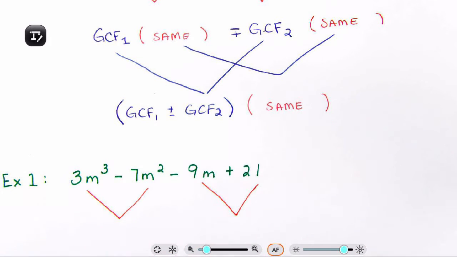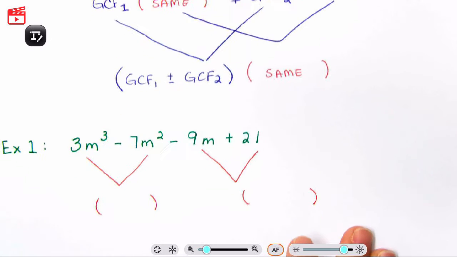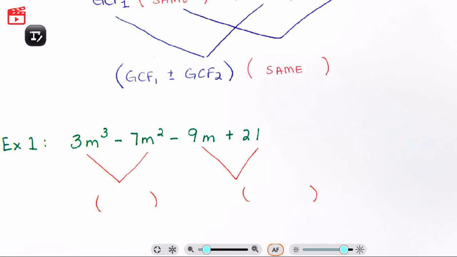And we're going to pull out a GCF, and something's going to be in the bubble, and our objective is to see if these 2 bubbles are the same. If they are the same, then we have grouping. If they are not the same, then you cannot continue factoring by grouping. You have to use a different method.